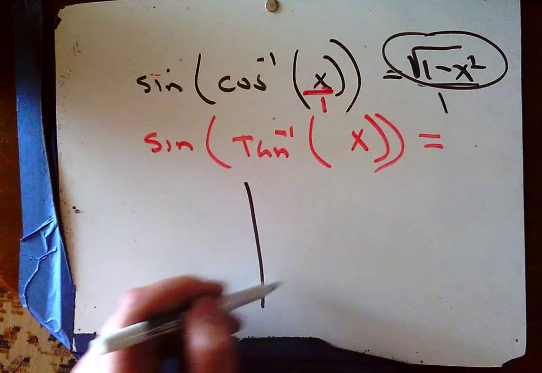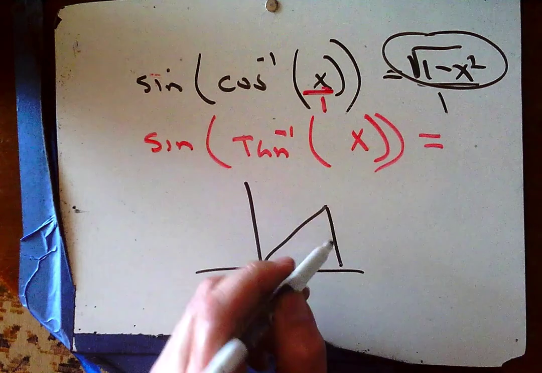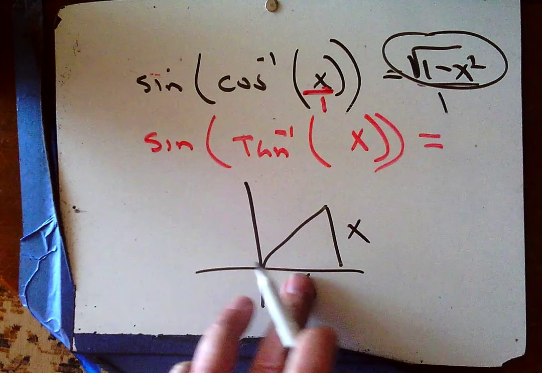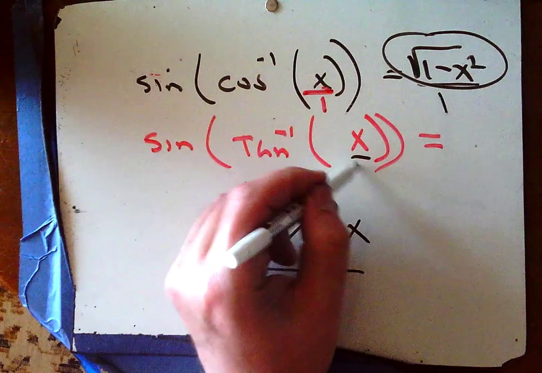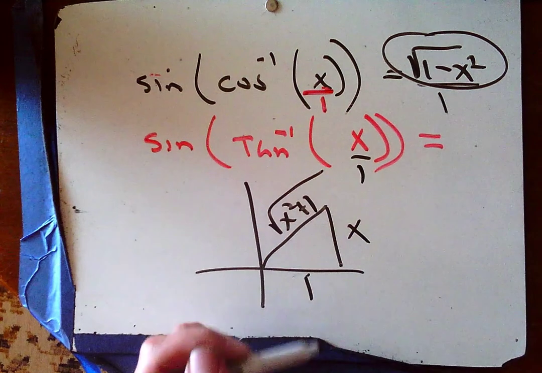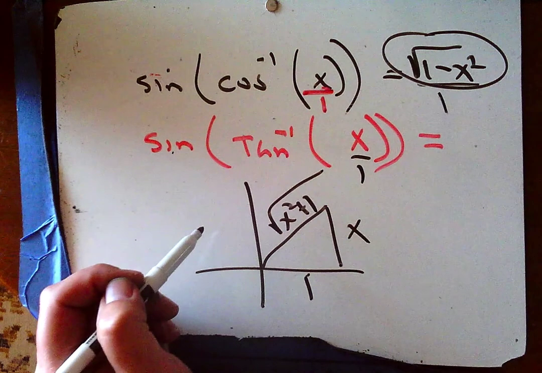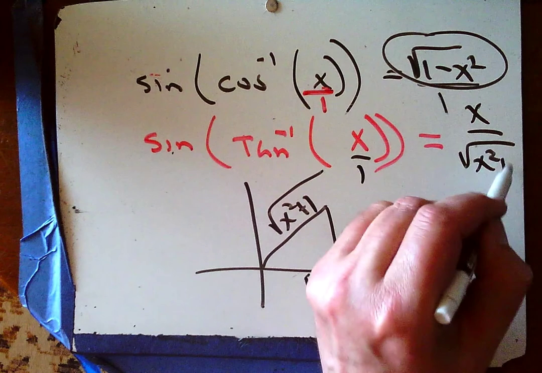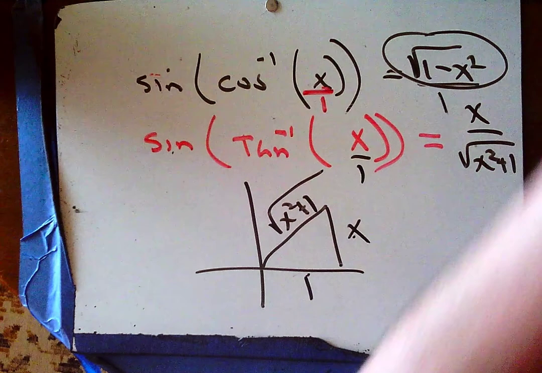All right, so what's our triangle look like? It's opposite over adjacent, so adjacent must be 1. This is the square root of x squared plus 1. And now I'm looking for the sine. The sine is x over square root of x squared plus 1. Okay.